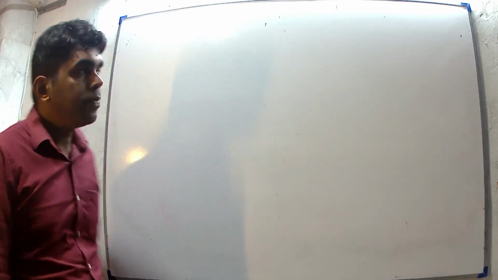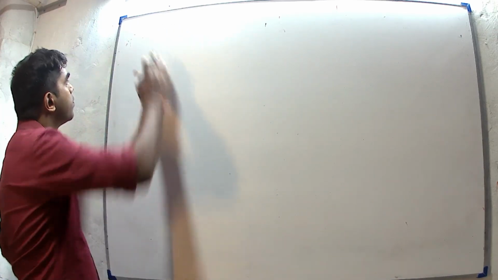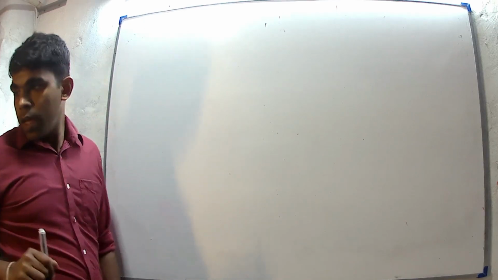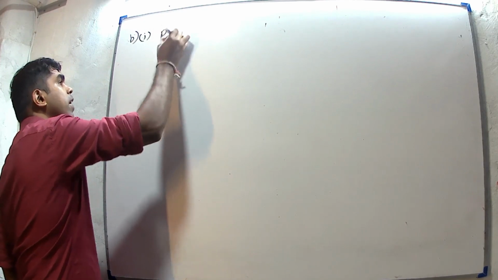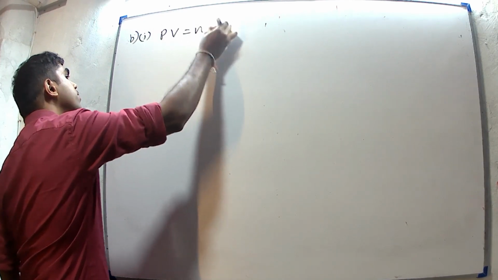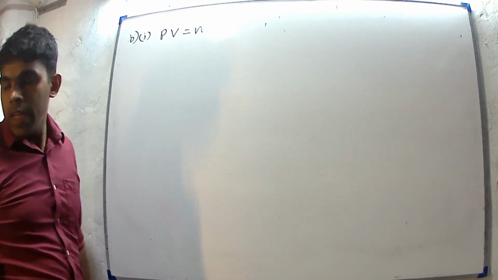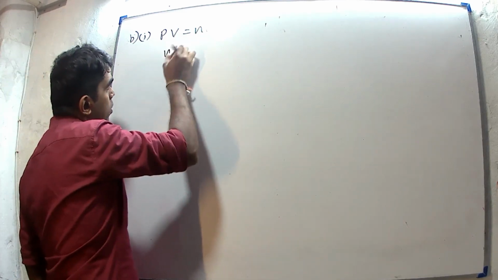I will consider the initial situation. B part 1. PV equals nRT.